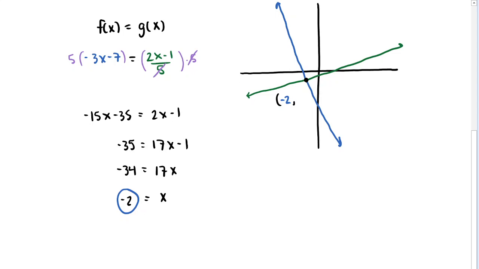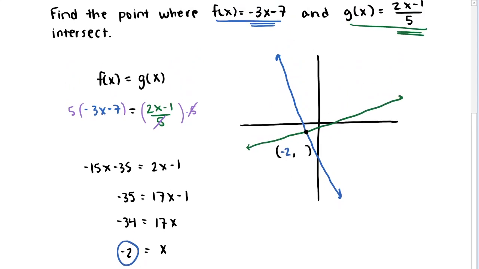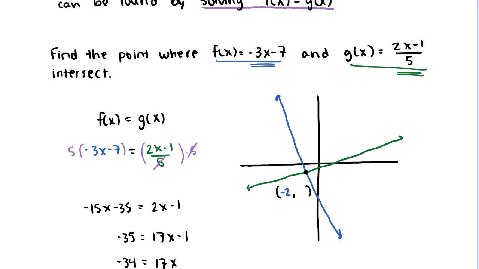But we still need the y-coordinate of that point. We're trying to find where these points overlap, or where these lines overlap. And that requires an x value and a y value. How do I get a y value? Well, our functions tell us how to obtain a y value from an x value.